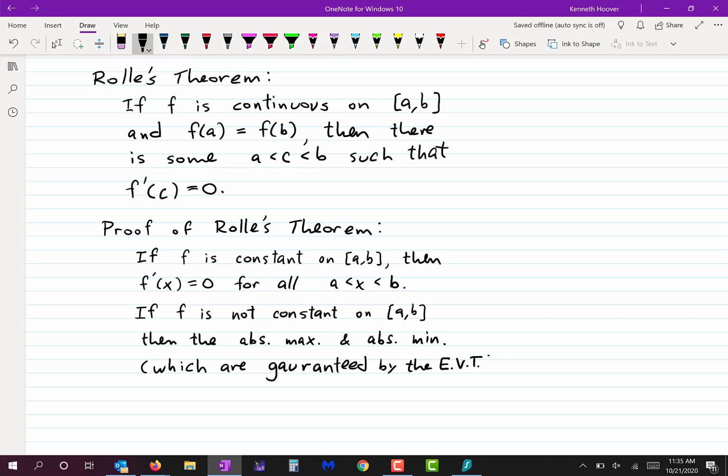The extreme value theorem tells us that f will have an absolute max and an absolute min on the closed interval from a to b.